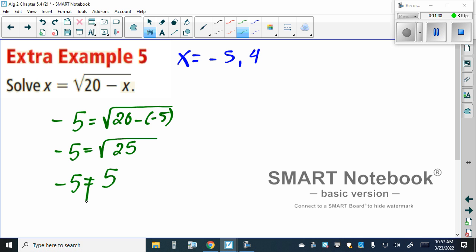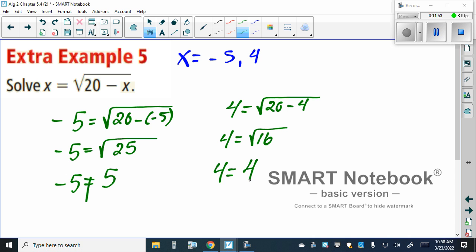Okay, that doesn't work. Now 4 is equal to the square root of 20 minus 4. Well, 20 minus 4 is 16. The square root of 16 is 4. -5 doesn't work, but 4 does. So our answer is 4. Questions on this here?